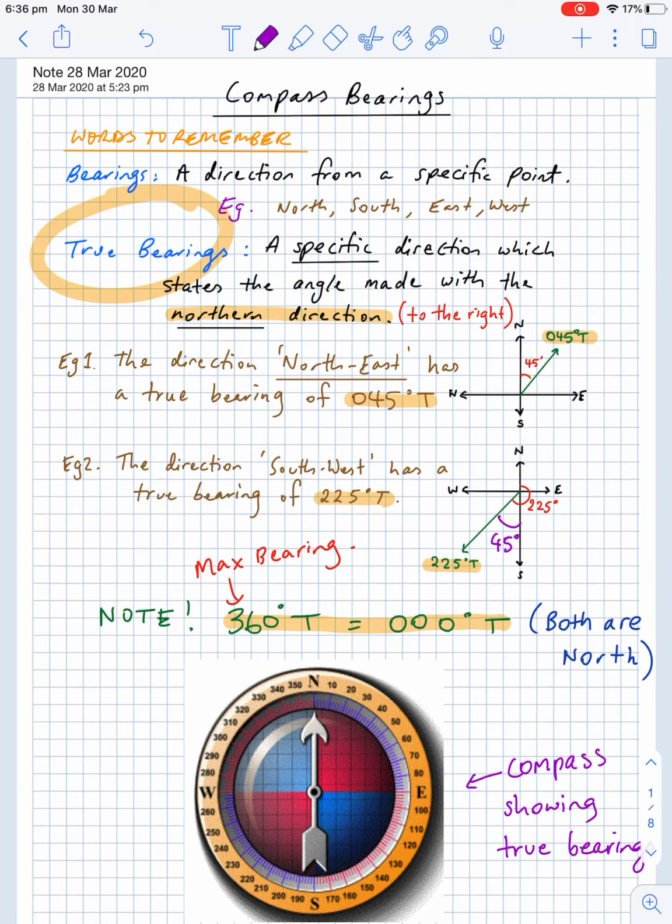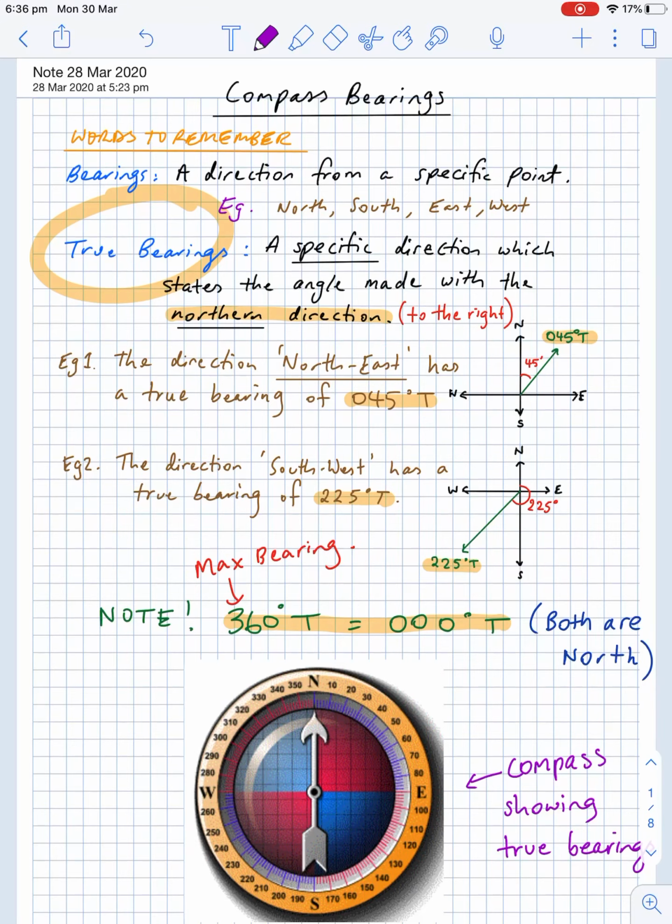We need to go from this line all the way around. If there's 45 degrees here, over here there's going to be 180 degrees. So 180 and 45 make your 225. You just got to remember, if you're going perfectly between north and east, or east and south, or north and west, they're always going to be making some sort of 45-degree angle.